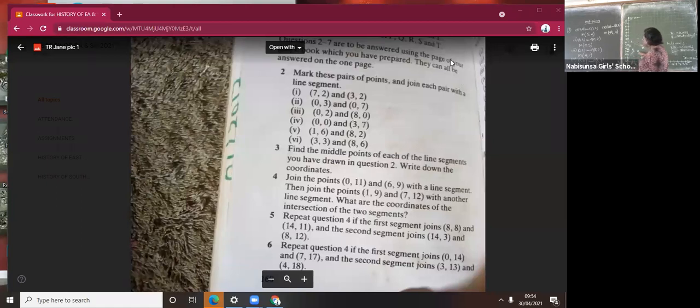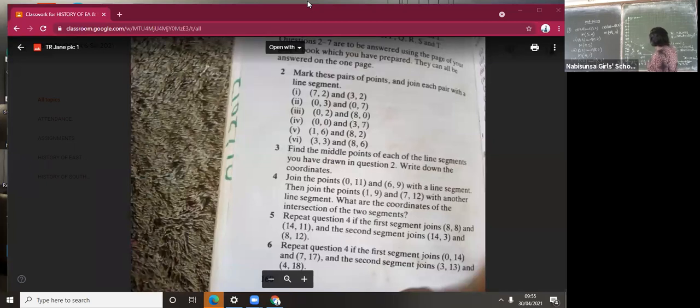After getting the points, you name them as you want, but it will cause crowding. So we plot 3 and 3, and 8 and 6. Can we join them with a straight line? Yes.